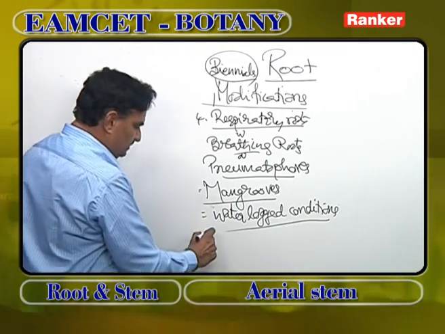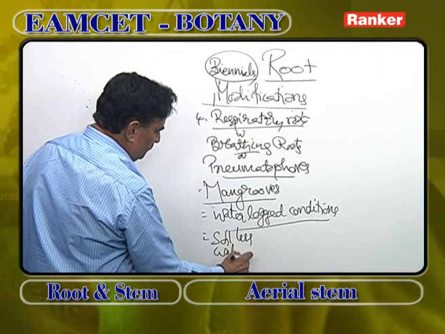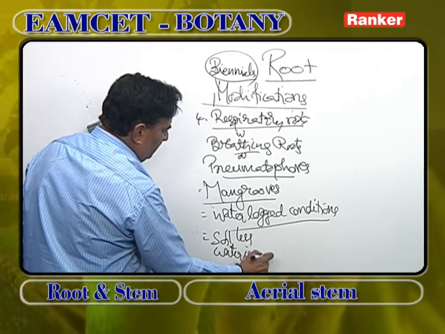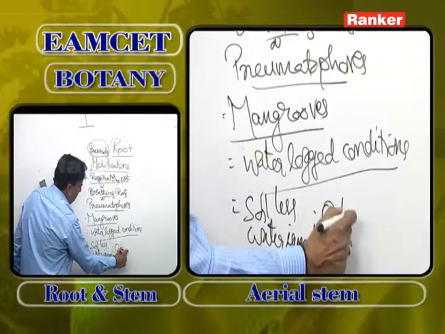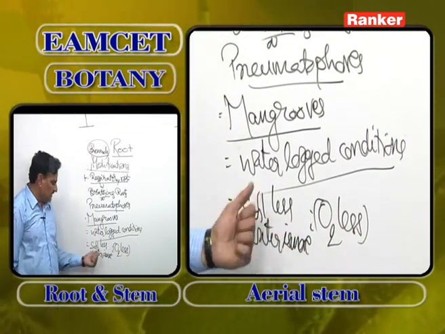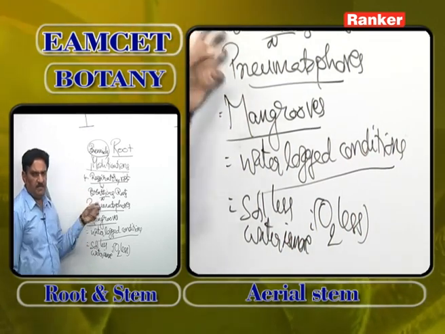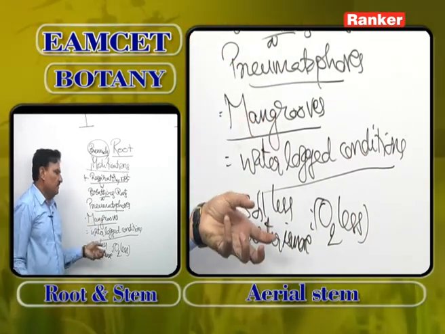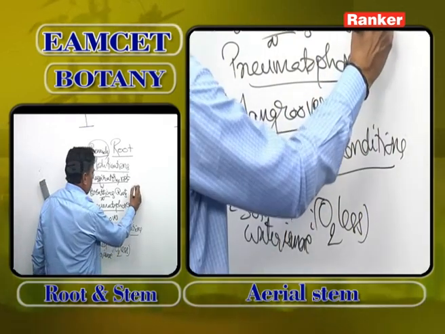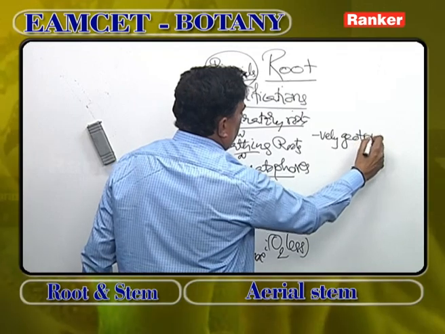Waterlogged condition means soil is less, water is more. Whenever water is more, oxygen will definitely be less. So normal root system cannot get enough oxygen from the soil. For that purpose, these plants develop some special negatively geotropic roots.